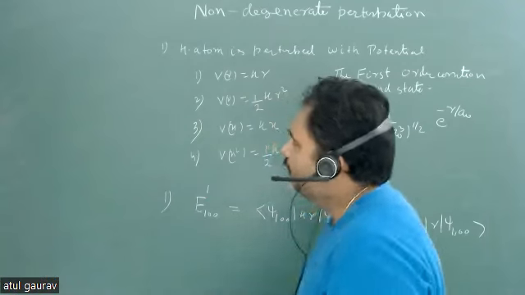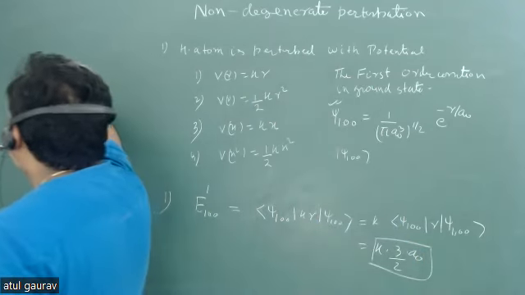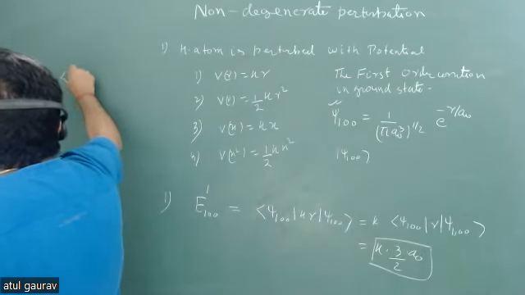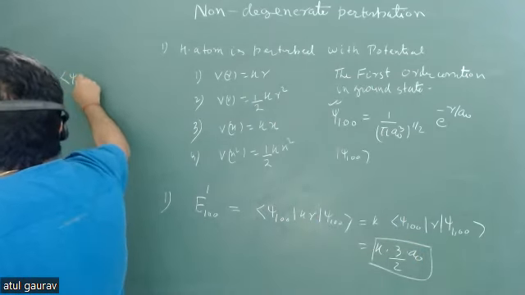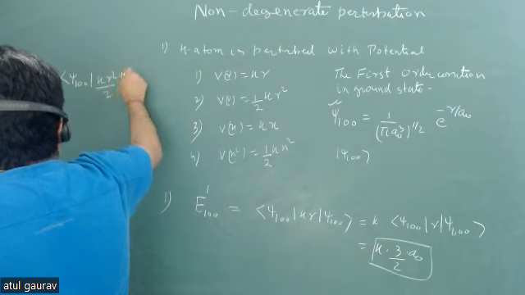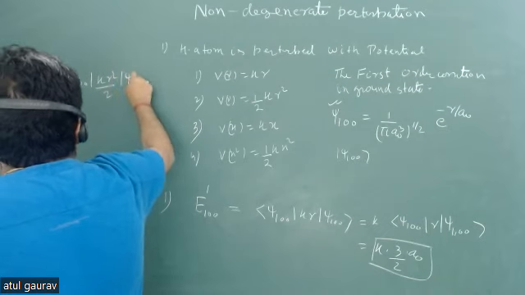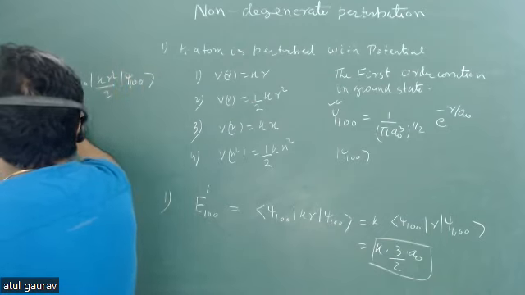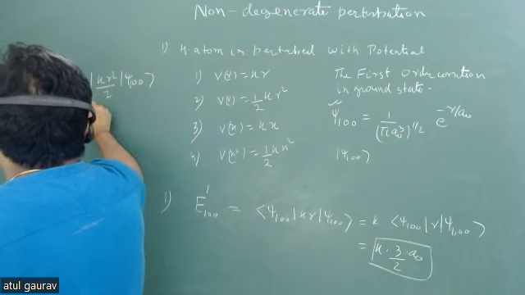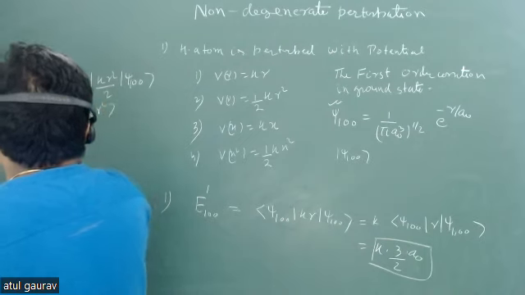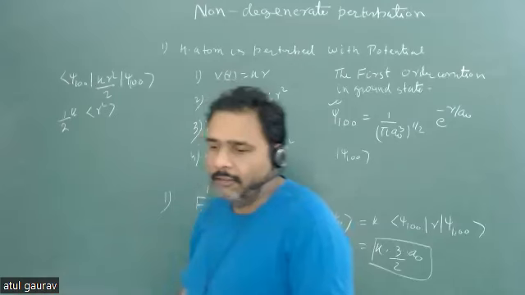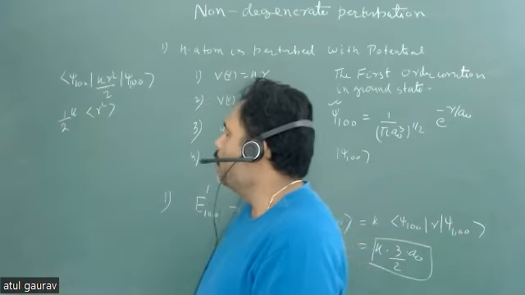Okay. For the second problem, what we have to do? We have to calculate the average value of psi 100, kr squared by 2. So this is the harmonic potential. So you just have to go for half k times the average value of r squared. So what is the average value of r squared for the hydrogen atom? Anyone?